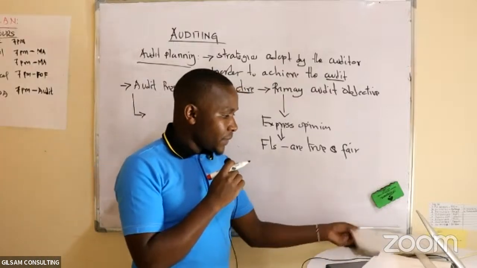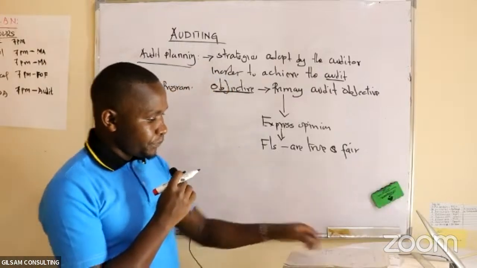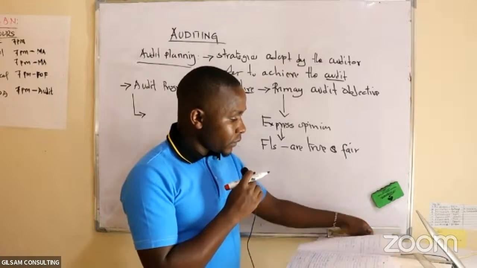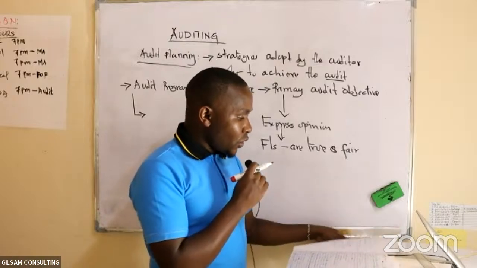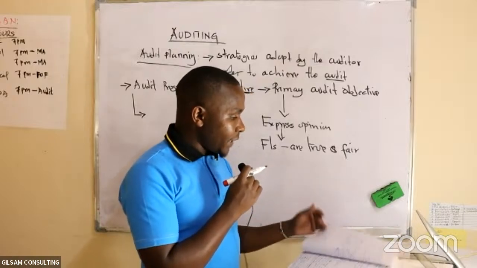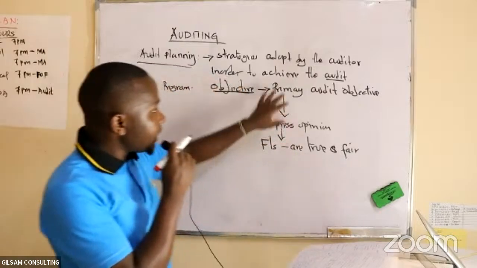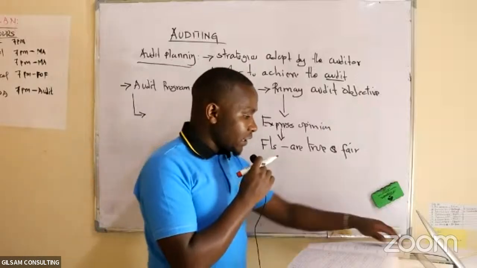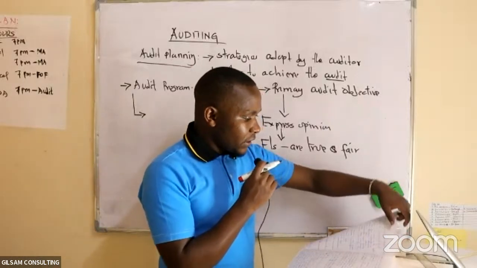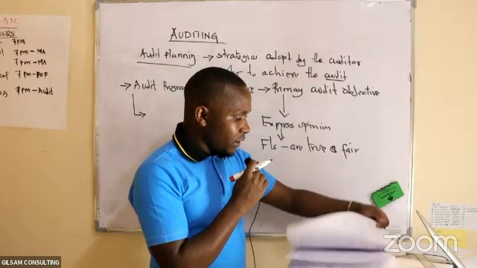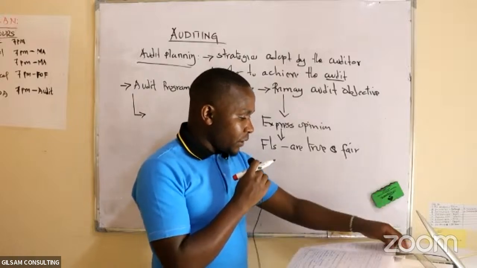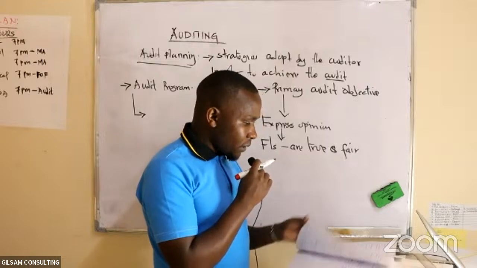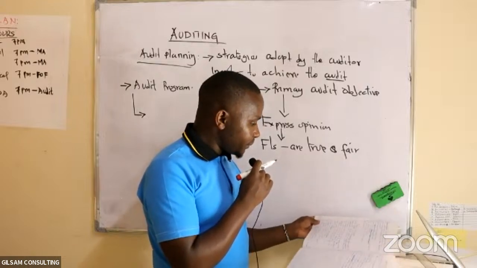Have you heard of something called an audit program? Yes. So an audit program is a file which documents all these stages or strategies. If you have done a practical audit, we have our audit program as one of the working papers.